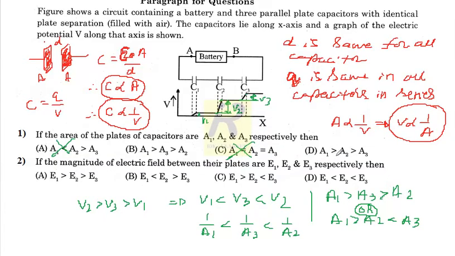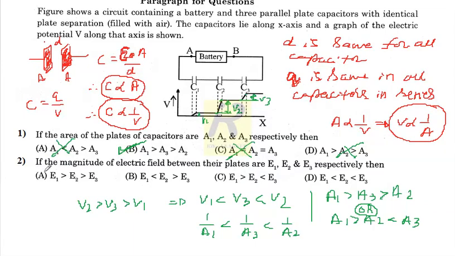A1 is greater than A2 is said here, and it is also said here. Now think about A2 and A3. A2 is less than A3, but here it says A2 is less than A3, which is not right. Here, A3 is greater than A2, which is right. So definitely option B is correct.